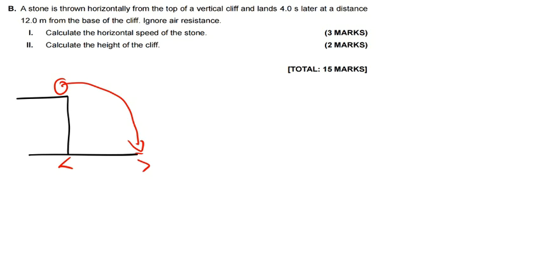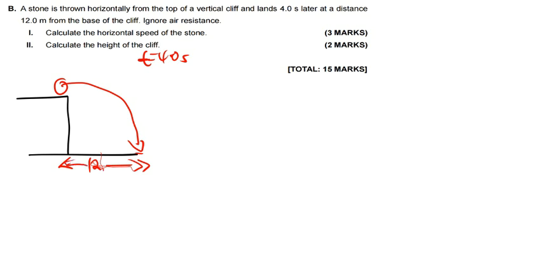In this case they're saying that the time is 4.0 seconds, then at a distance of 12 meters from the base of the cliff. So it lands there. So that is my range.